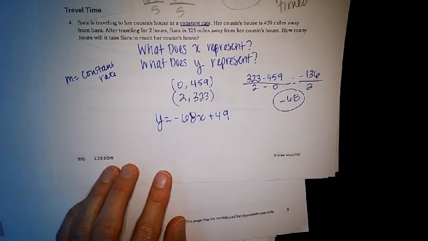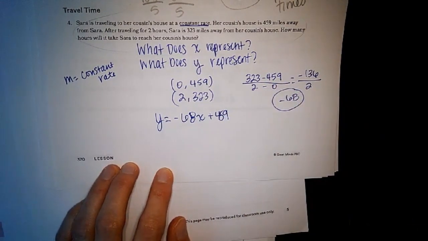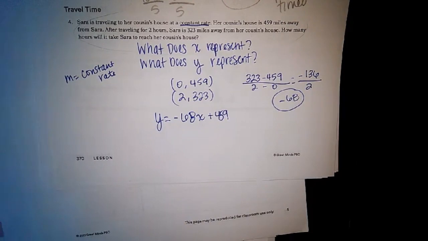Did I write it wrong? I'm sorry. Well, what's going to determine when she meets at her cousin's house? How far away is she going to be? She's going to be what? 0 miles. Okay, so how do we solve this?